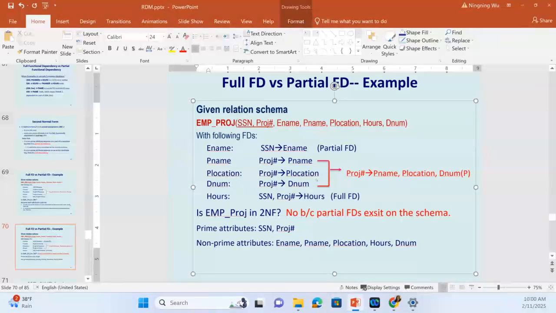So as long as a relation schema has partial functional dependency, then that relation schema is not in second normal form.